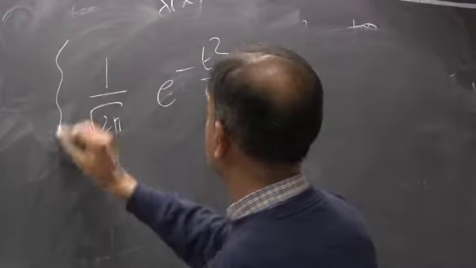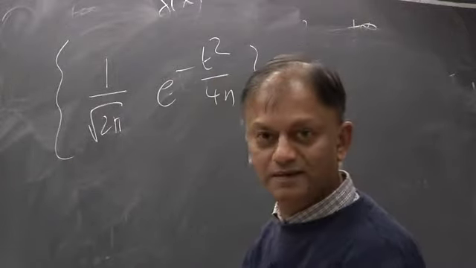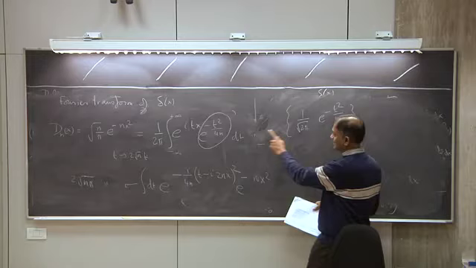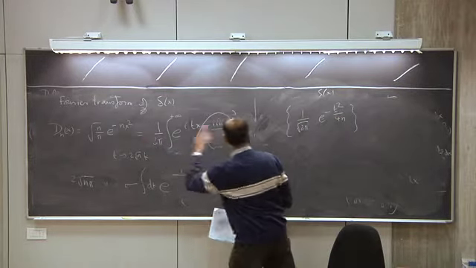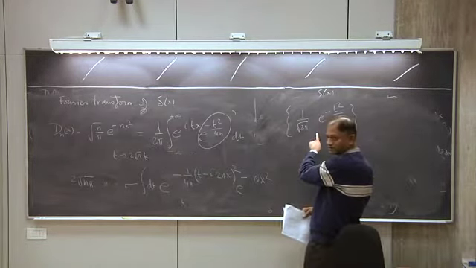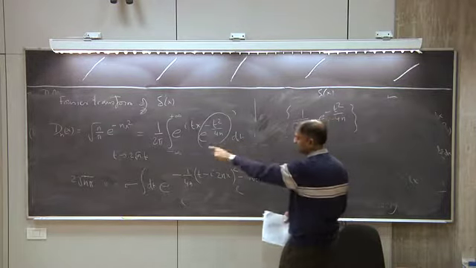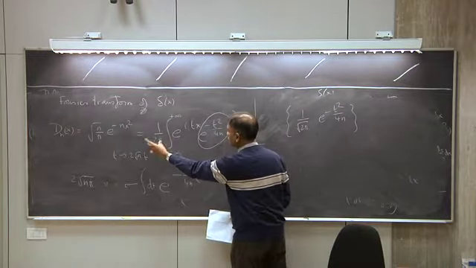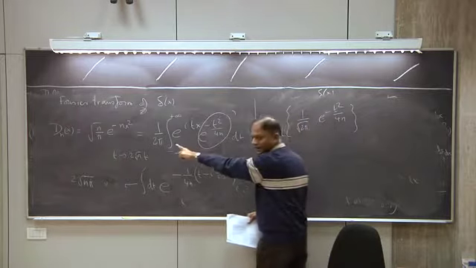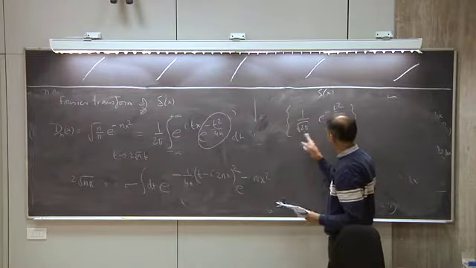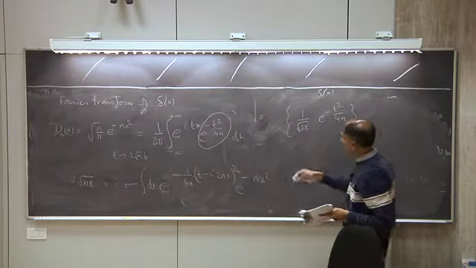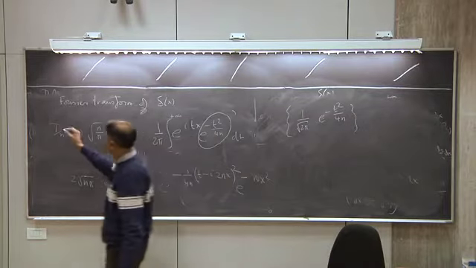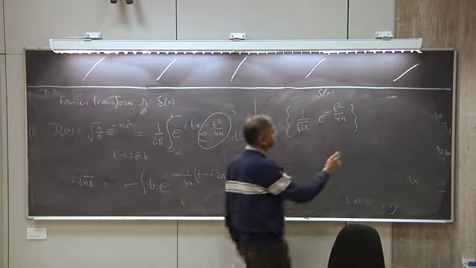Consider this sequence. Then d n x is simply the inverse Fourier transform of that, because in the inverse Fourier transform there is a 1 over root 2 pi. So 1 over root 2 pi times 1 over root 2 pi gives you 2 pi.